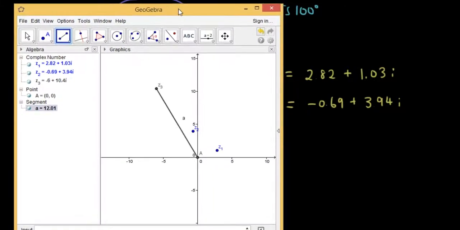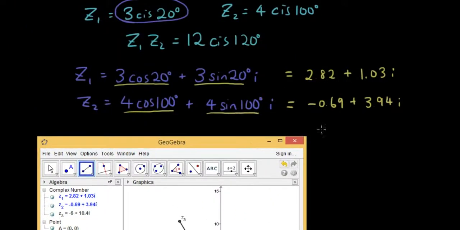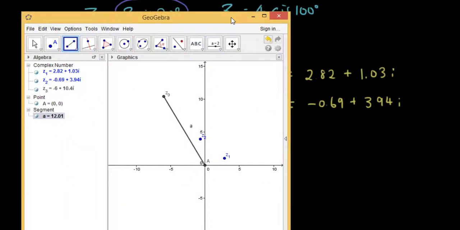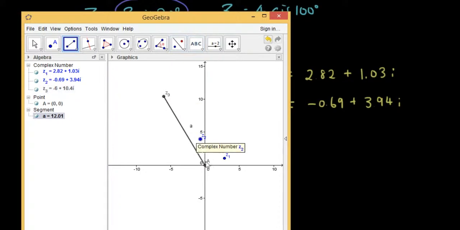The reason why it's not exactly 12 is because I have rounded these numbers. If I didn't round them and I kept them exactly as they are when I enter into GeoGebra, then it'll come up with exactly 12. Now let's look at the angle that this line makes with the positive x-axis.